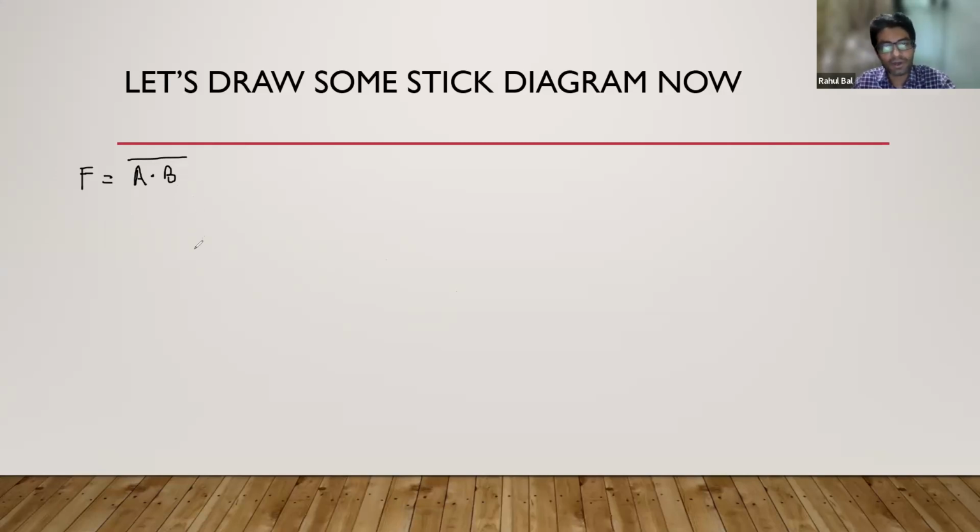Now, how will you generate this NAND gate? You have to keep some in series, some in parallel. As a shortcut you can remember P dot P. Only one thing you have to keep in mind. What does it indicate?